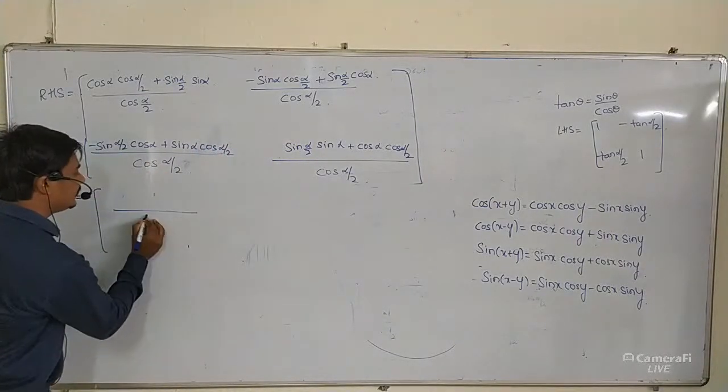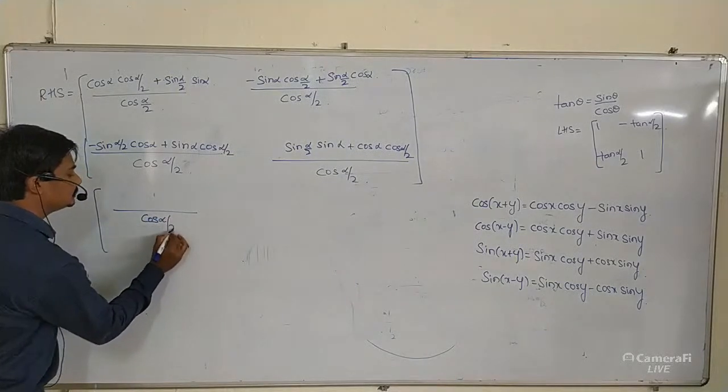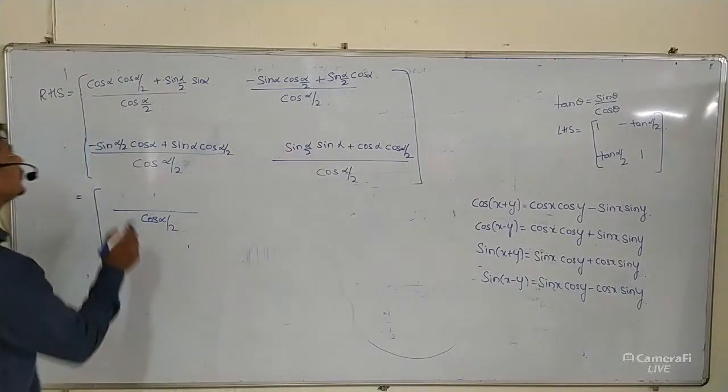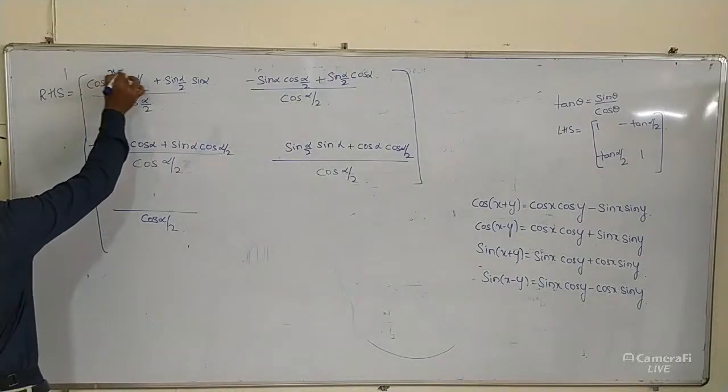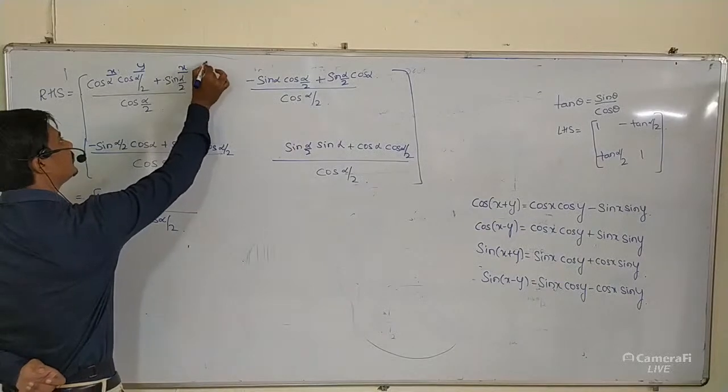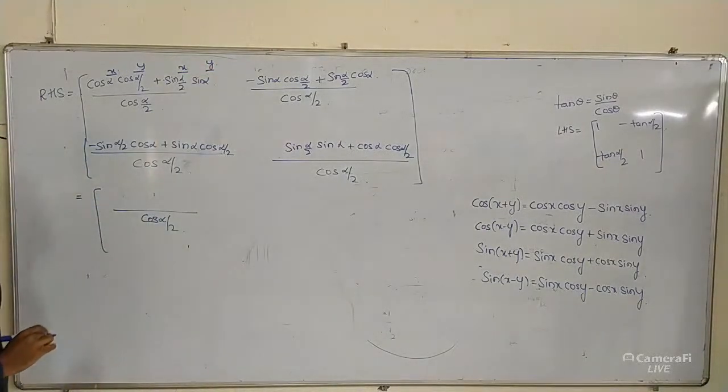So the denominator is our cos alpha by 2. Look at the numerator. Don't you think they are the terms of the formula cos of x minus y? Observe. Cos x cos y plus sin x sin y.